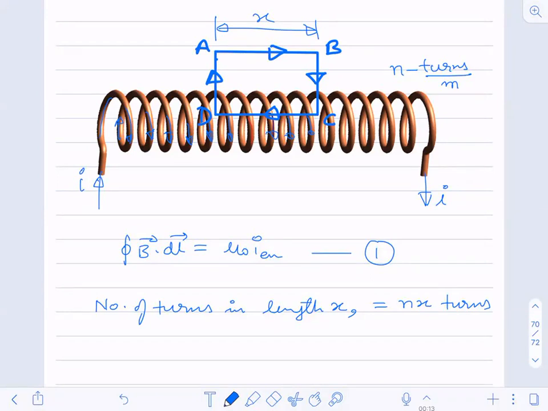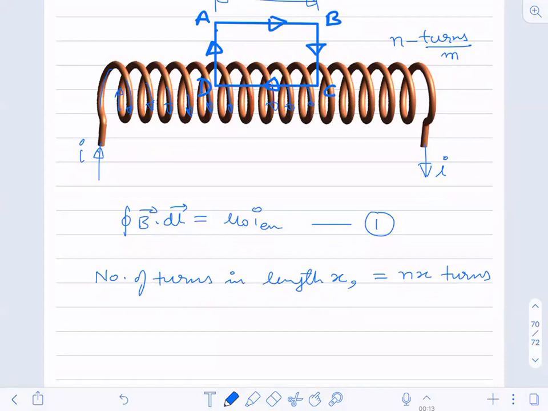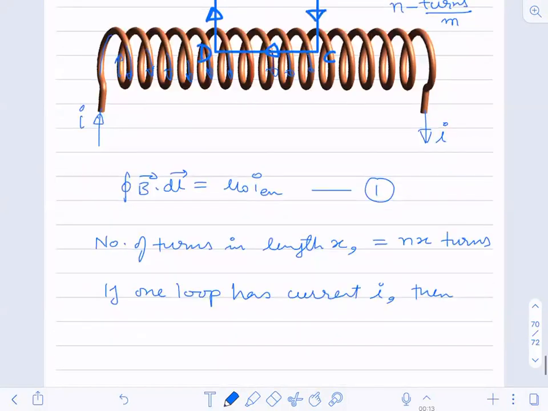If one loop has current I, then nx turns will have nxI current.